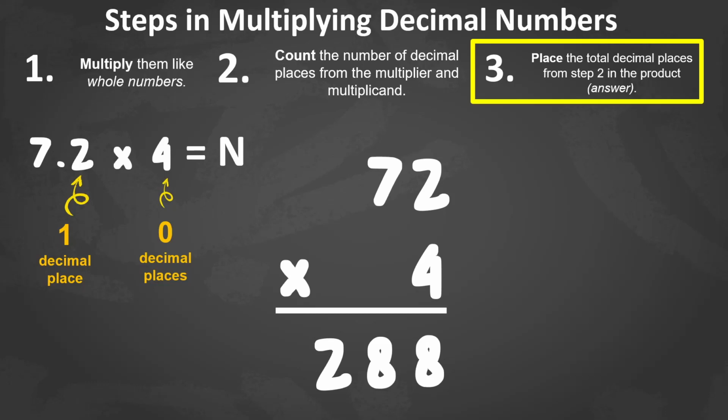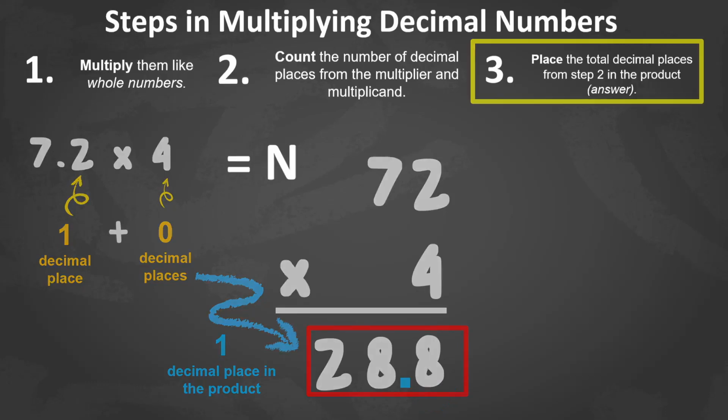It means that we need to add the decimal places from the multiplier and multiplicand. So 1 plus 0 is equal to 1. We need to put one decimal place in our product, which will result in 28.8 or 28 and 8/10. Therefore, 7.2 times 4 is 28.8.